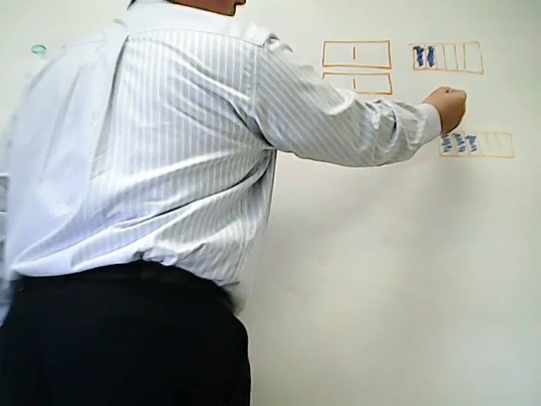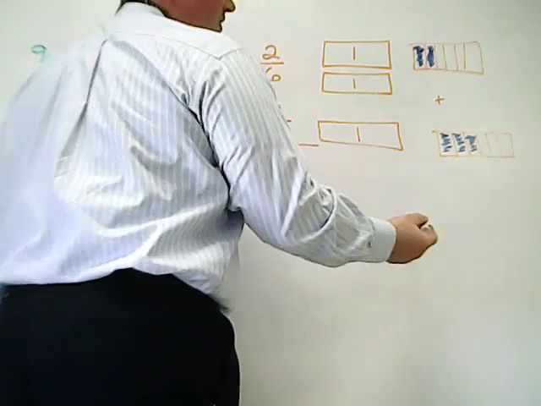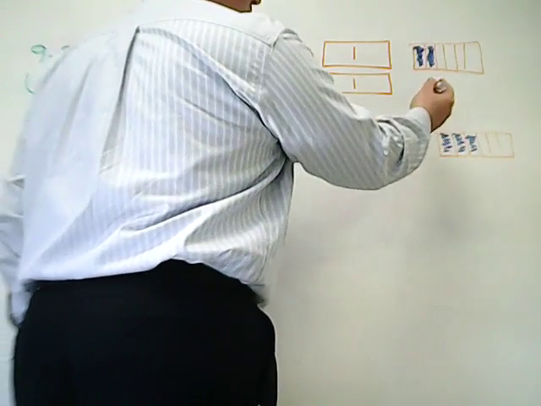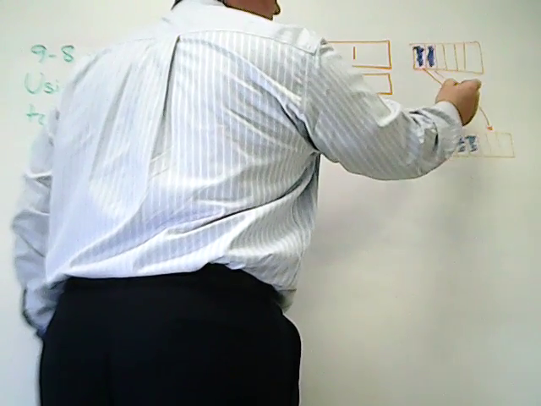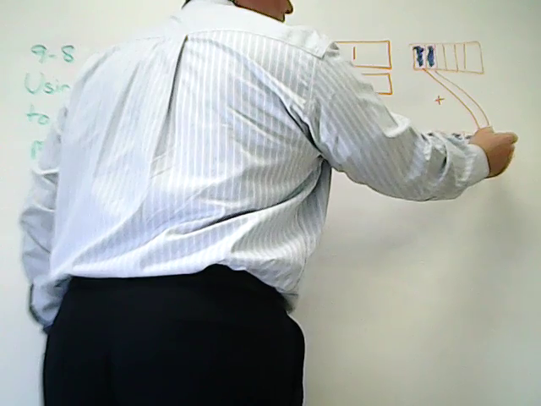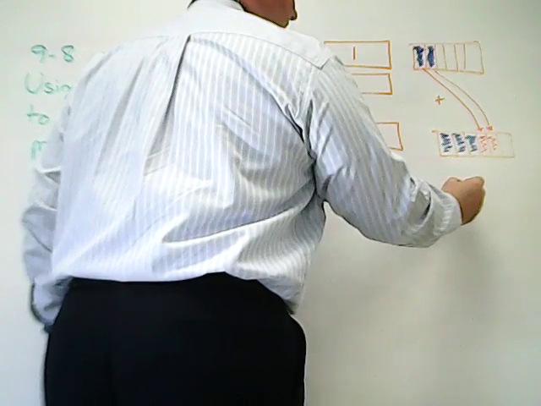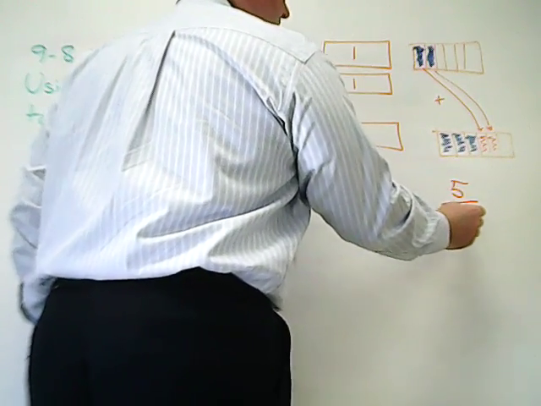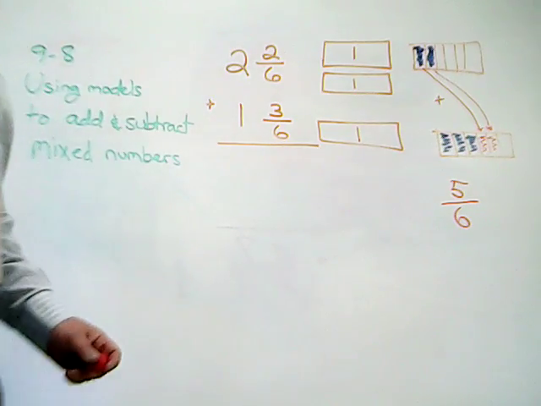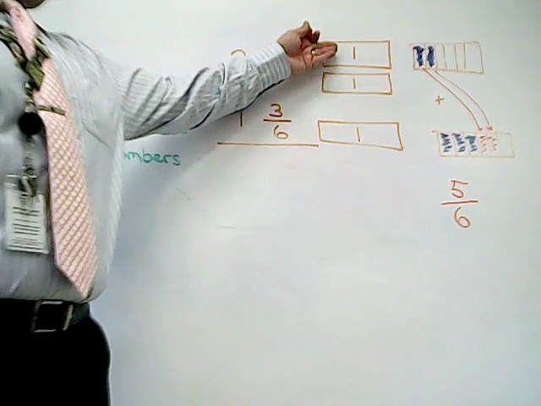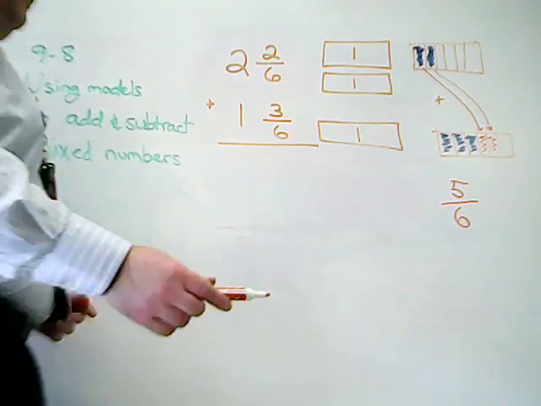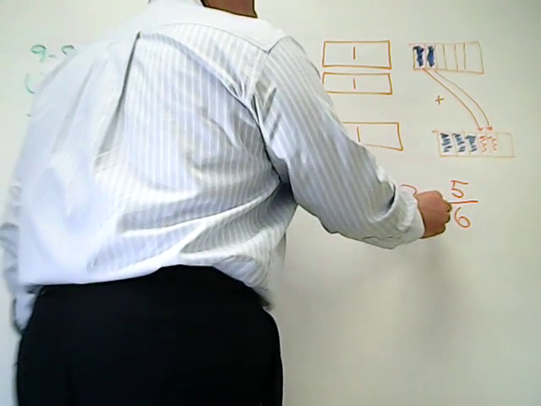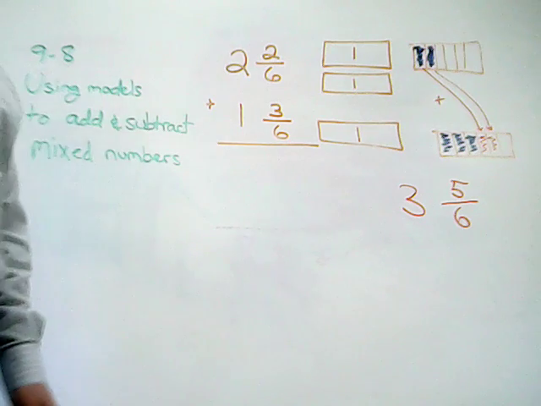To that, I'm adding 3 more sixths for a total of 5/6. And then I'm just going to add my whole numbers together. 1, 2, 3. My final sum here is 3 and 5/6.